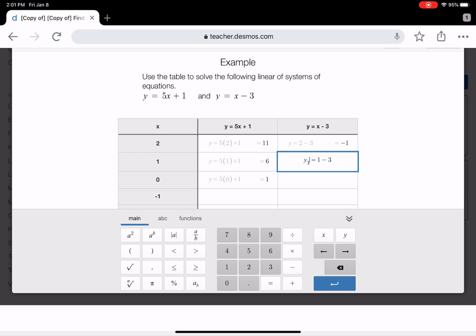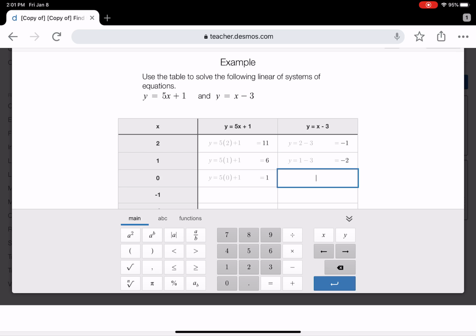Let's correct this one, it is just 1. When x is 0, for the second equation, you have y equals 0 minus 3. Enter. So 0 minus 3 is negative 3.